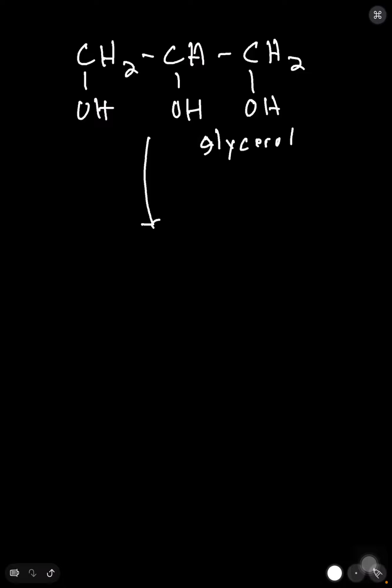If you take a molecule of glycerol and you add a fatty acid, I'm just going to use R group here for the hydrophobic tail, it can form an ester linkage.